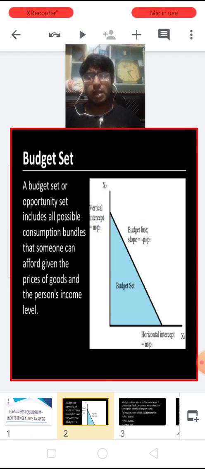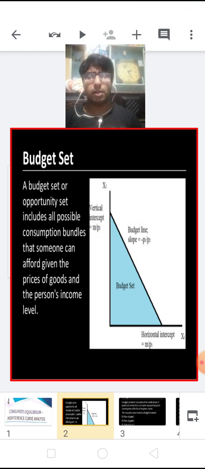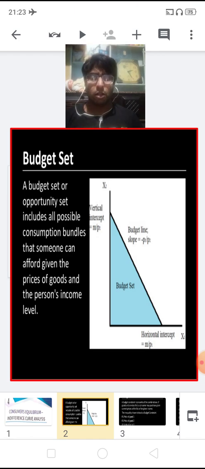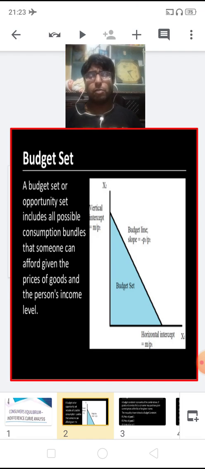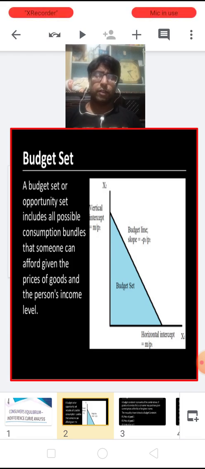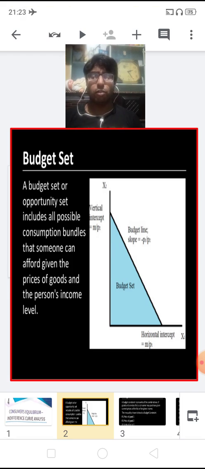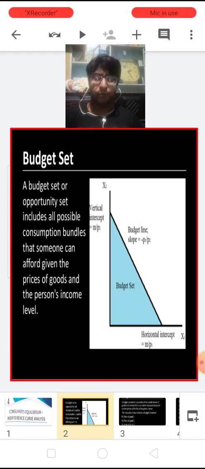Suppose a consumer has his income, and with his limited income he is going to buy two commodities. Now whatever the various combinations he can avail with this given money income, the cost of each combination is exactly equal to the money income of the consumer. So this is known as the budget set.